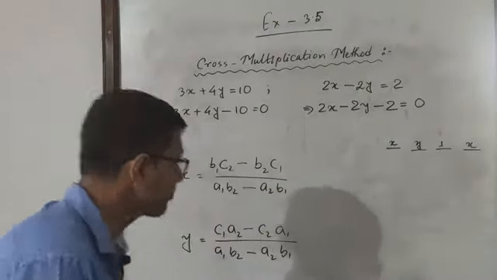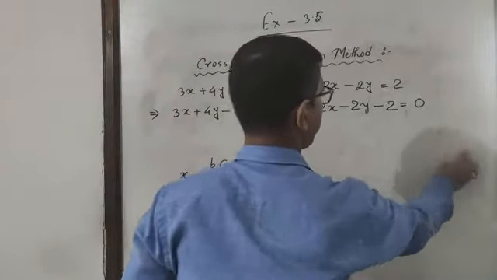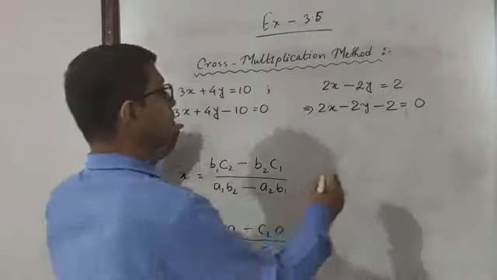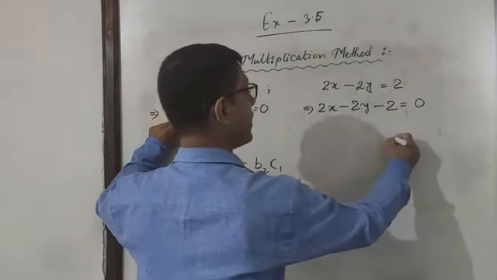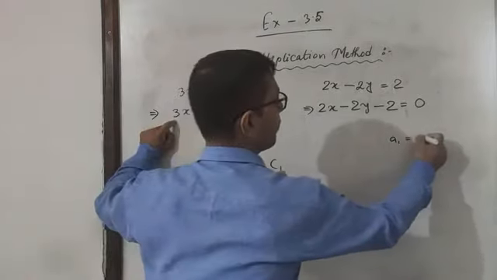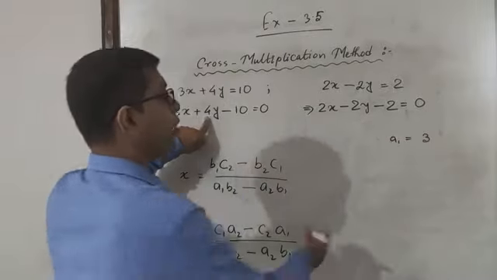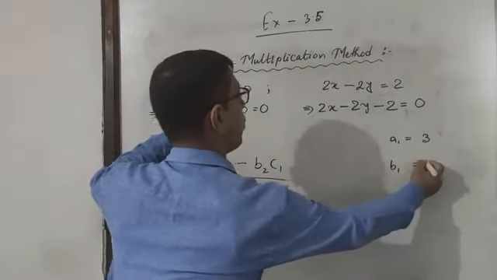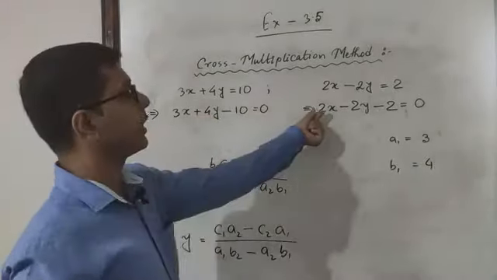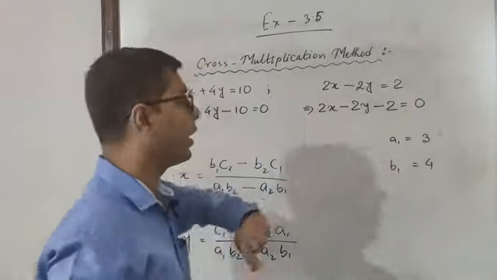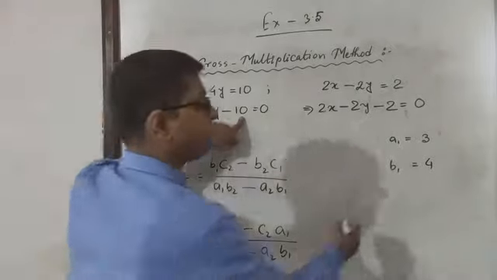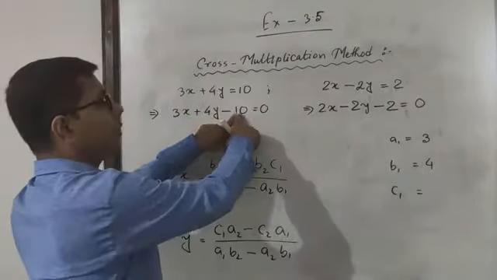Now let us see what coefficients we have. First, we remove this from here; these two are the formula we wrote earlier. Now we just write the coefficients. What is a1? a1 is 3. What is b1? b1 is 4. This is a1, this is b1 and this is c1; in the same way, this is a2, this is b2 and this is c2. So a1 is 3, b1 is 4, and the constant term c1 is minus 10.